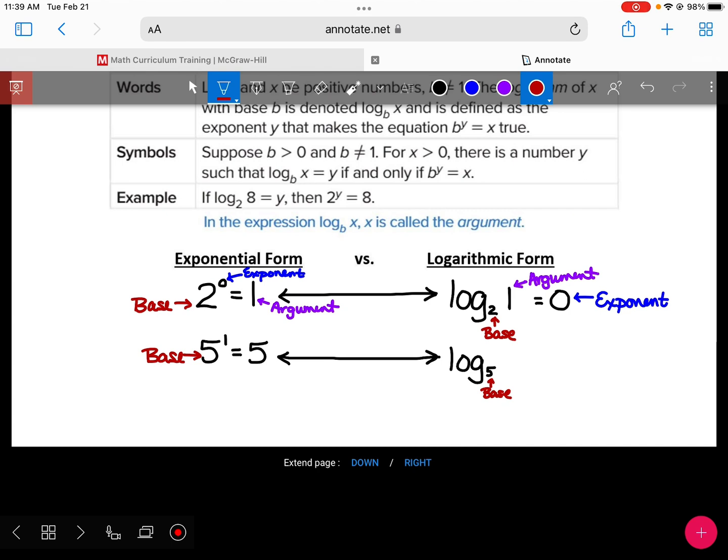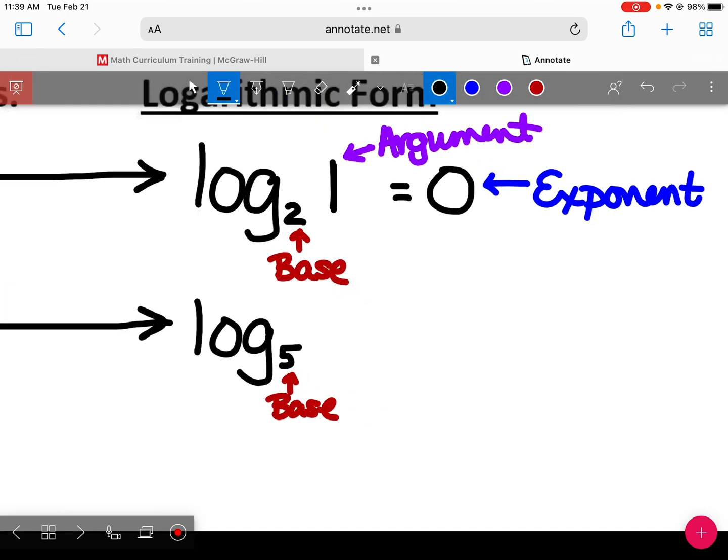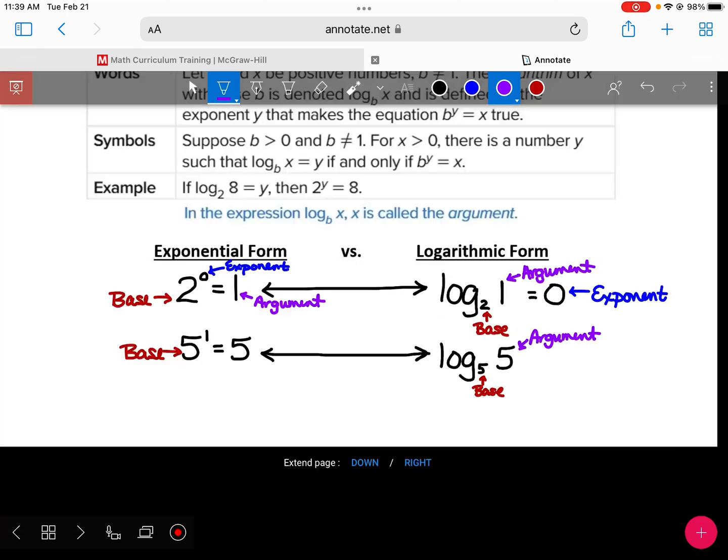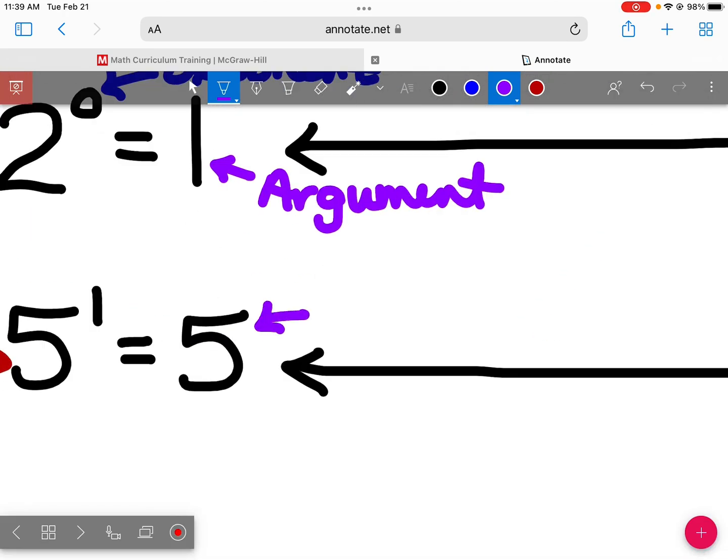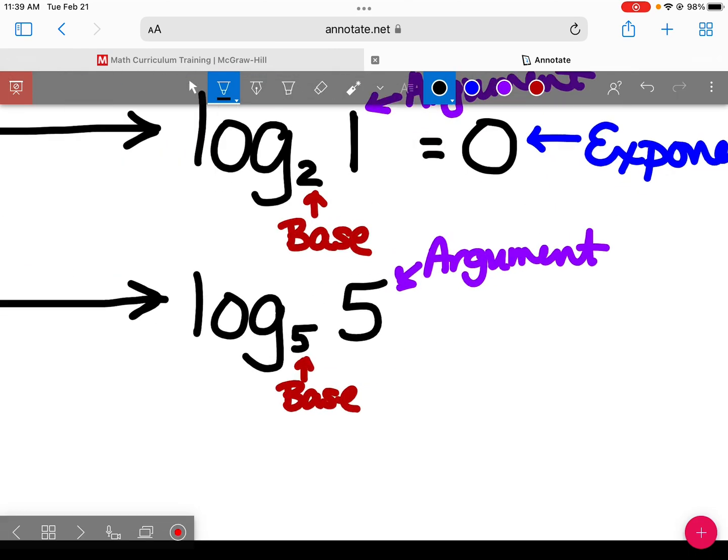What do we call the piece that comes after the log and the base? The argument. What's our argument this time? 5. Here's the argument. And what goes after the equal sign? The exponent.